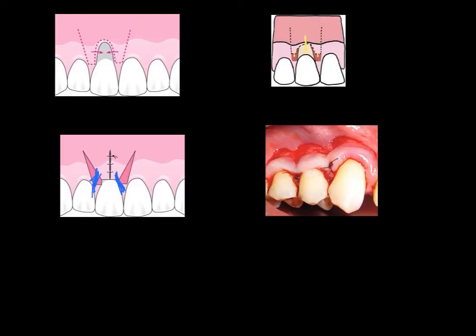Gentle pressure is applied for a few minutes to minimize the clot that forms under the pedicle graft, and a periodontal dressing can be placed if necessary. The exposed connective tissue at the donor side is left to heal by secondary intention.